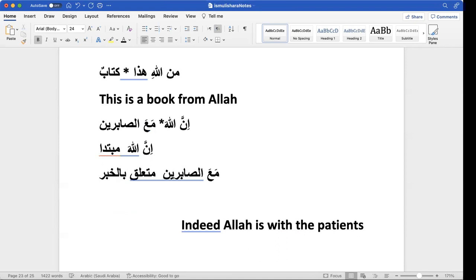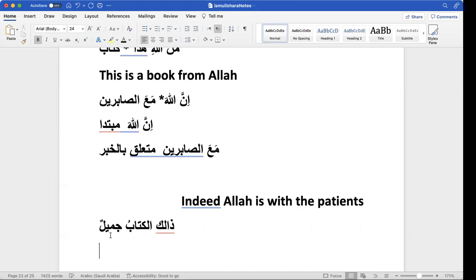Let's say I'll write this: Zalika al-kitabu jamilun. So it is a Jumla Ismia, right? Because it's starting with Ismul Ishara. So that's your job number 1.